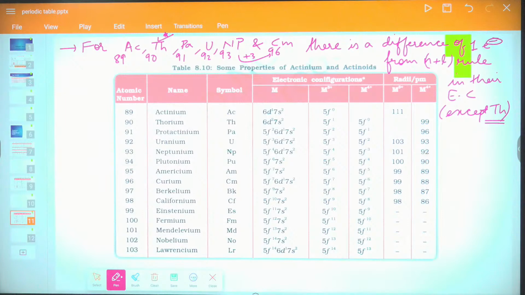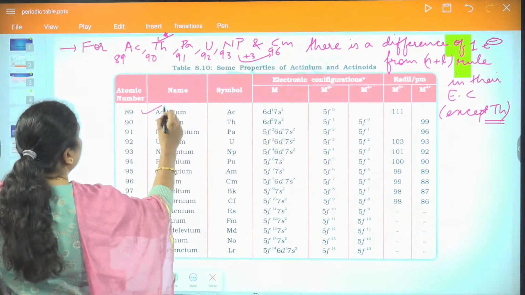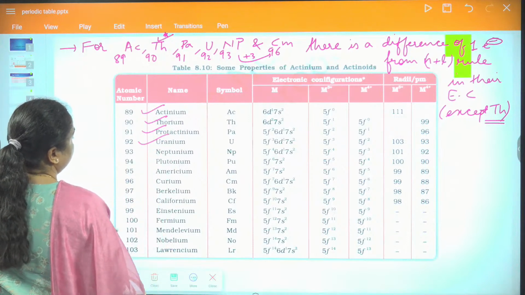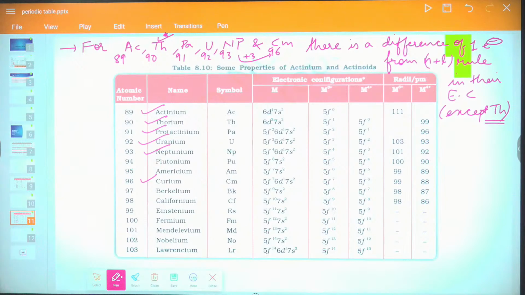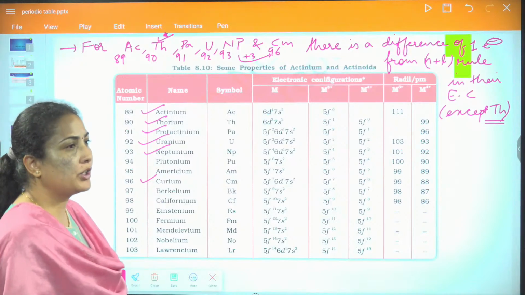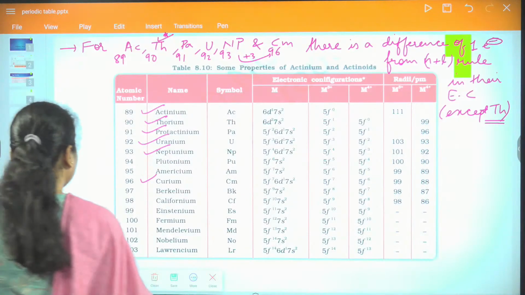Written? So you're able to see actinium, thorium, protactinium, uranium, neptunium, and this one, curium. Are we done writing this much? Then I'll proceed towards the next one. Okay.